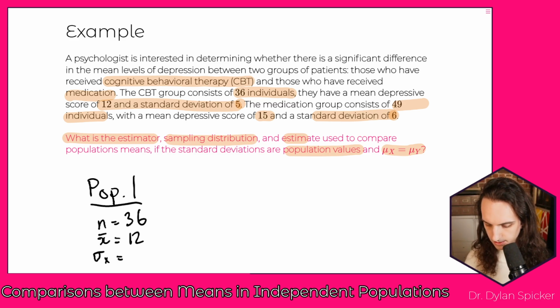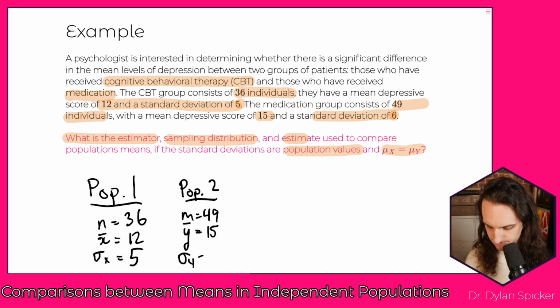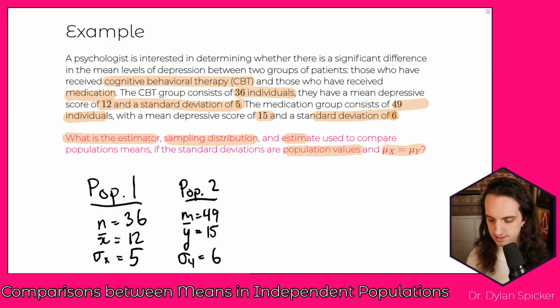Okay. In our second population, what we are told is that m is going to be 49. The mean score, which is y bar in this case, is going to be 15, and sigma y is going to be 6. Okay, so we're given all of this information. Now, what we want to know is, what should we actually use as our estimator? And remember that the estimator is going to, broadly speaking, be the standardized procedure. Right?